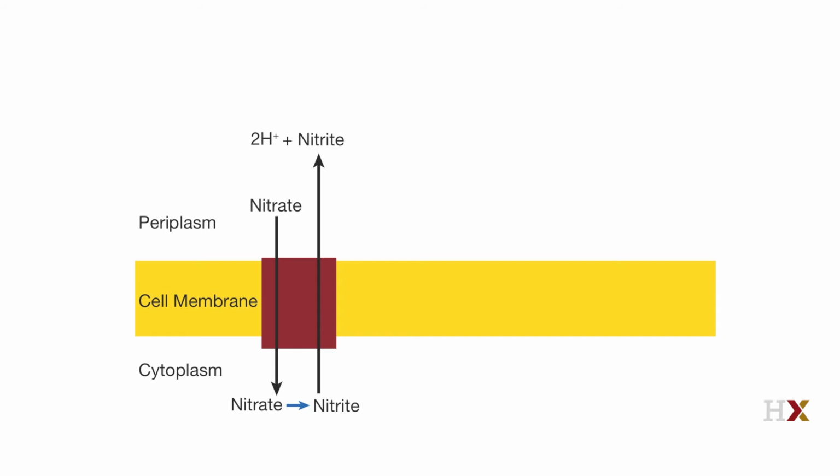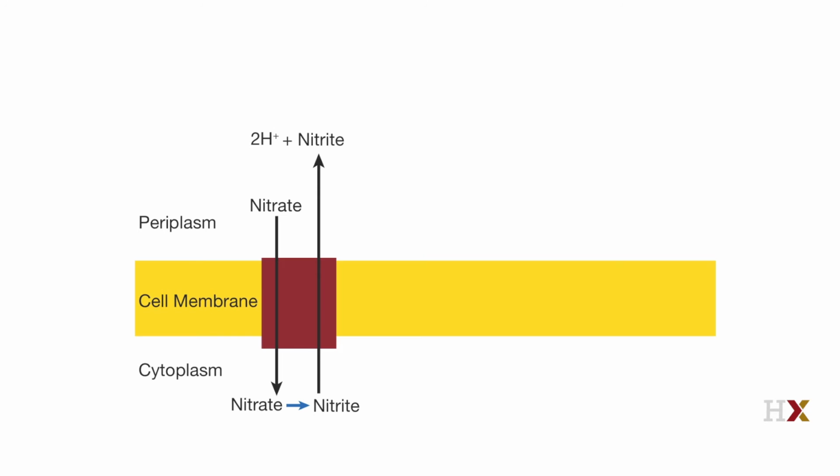And this protein will allow the transport of nitrite outside of the bacteria, coupled with the entry of nitrate inside the bacteria. Therefore, this transport protein will regulate and coordinate the import of nitrate and the export of nitrite, and will limit the accumulation of nitrate inside the bacteria.